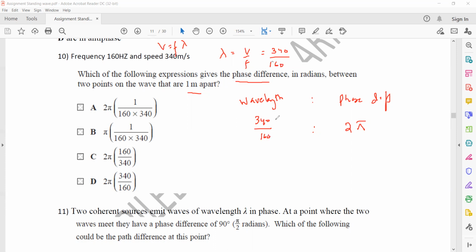So if lambda is 340 divided by 160, the phase difference will be 2 pi. But if the distance is 1, then the phase difference will be x. When we cross multiply, x is equal to 2 pi divided by 340 over 160, so it will come out as 2 pi times 160 divided by 340. So it matches with option C.